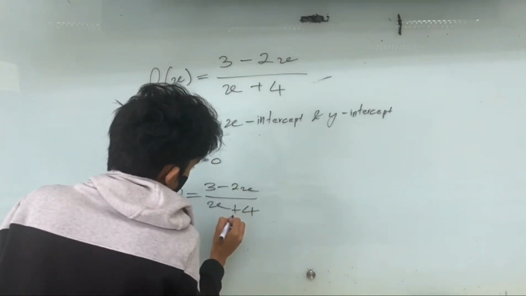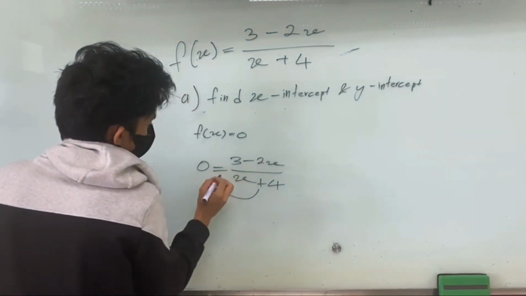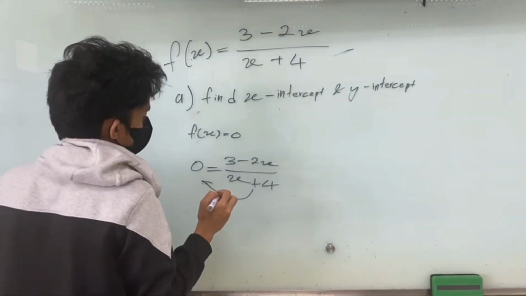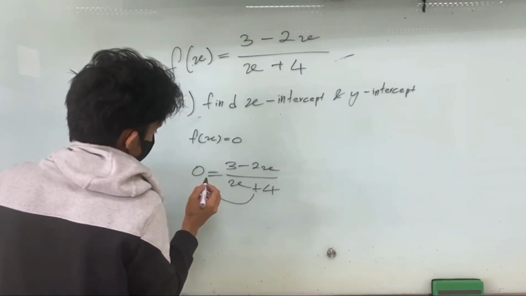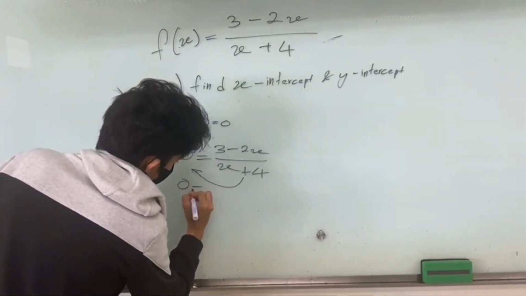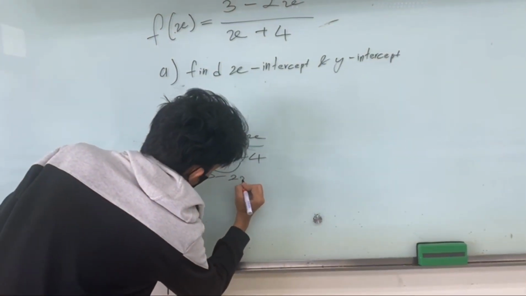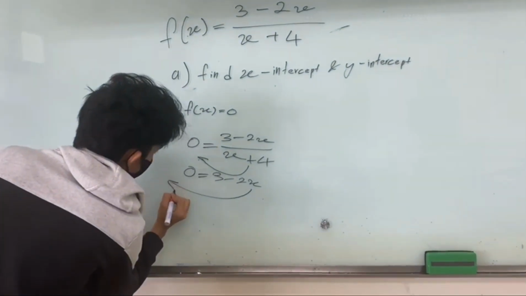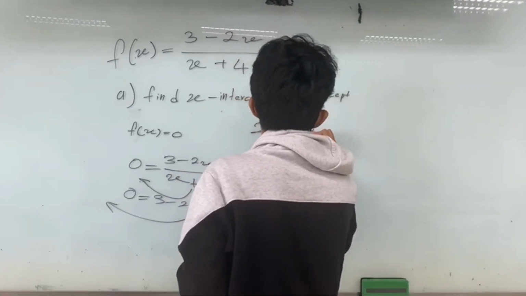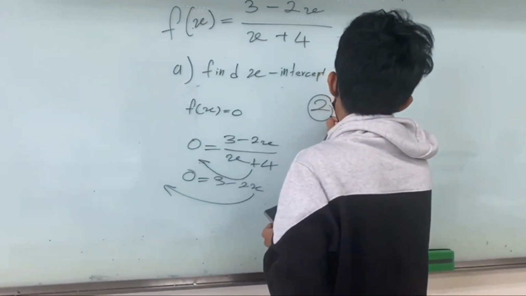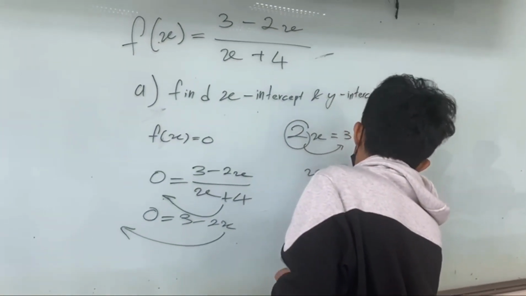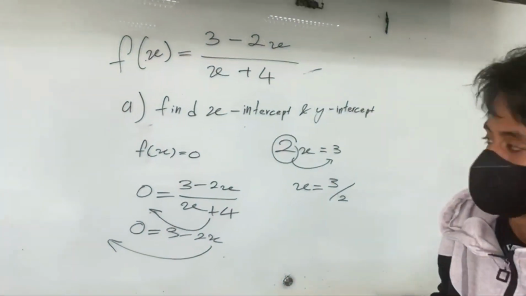We need to move x plus 4 to here, which means we must multiply by 0. So the equation will be 0 equals 3 minus 2x, so 2x put over here, 2x equal to 3, and 2 will be moved here, so x will be equal to 3 over 2. That is how to find the x intercept.